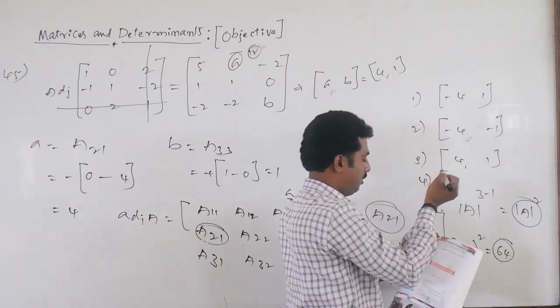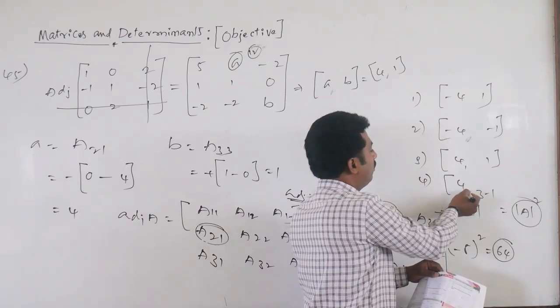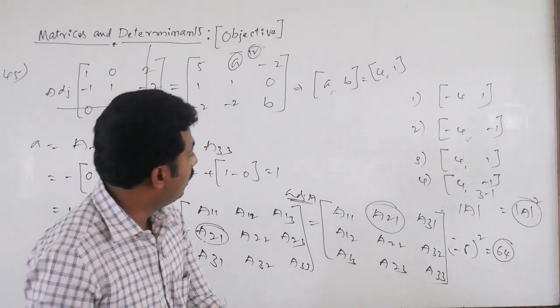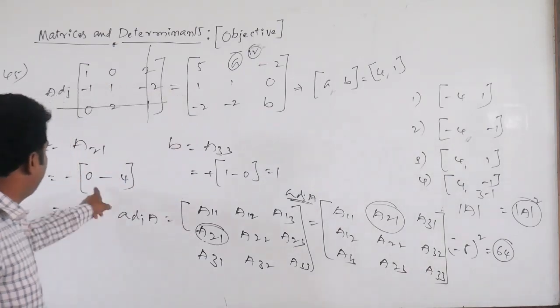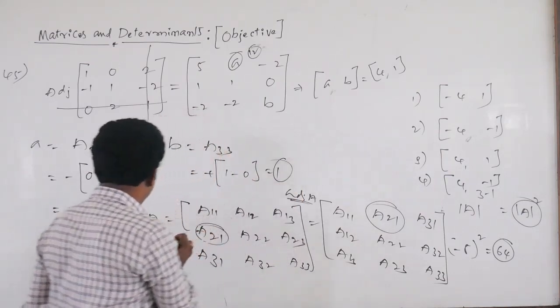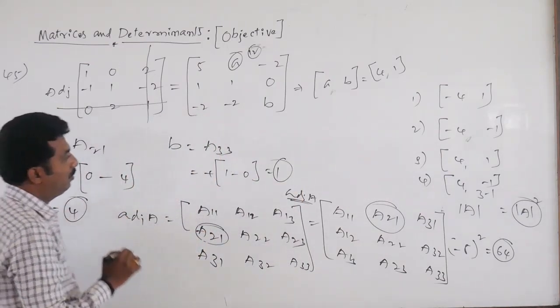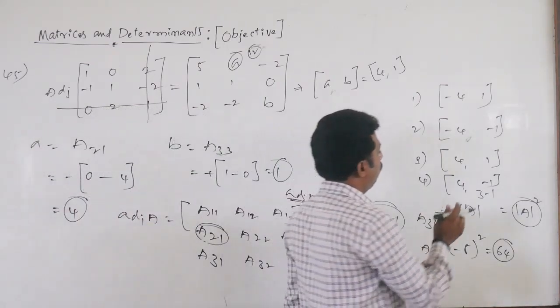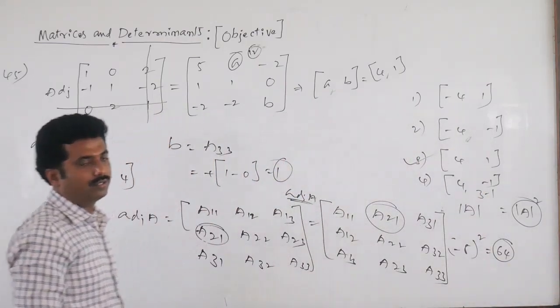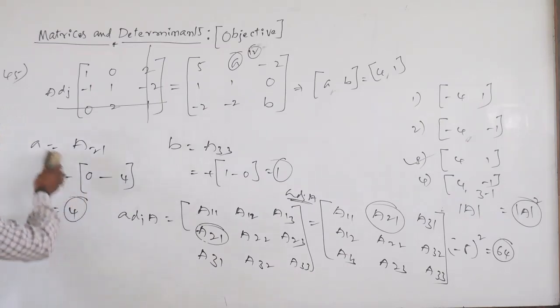Fourth option: 4 comma minus 1. Which one is suitable? A value 4, B value 1, so 4 comma 1 means we can give the third option. Like that we have to answer.